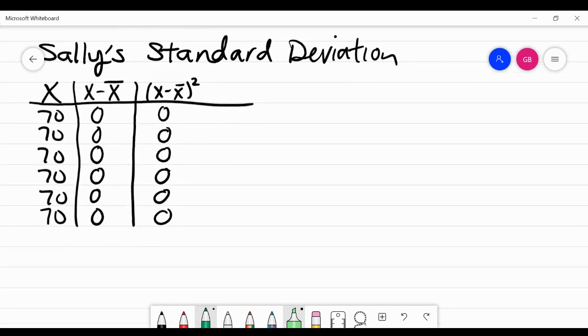And then we need the sum. So if I add up all these numbers, the sum is 0.